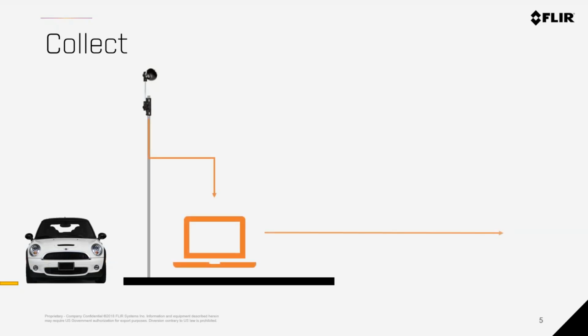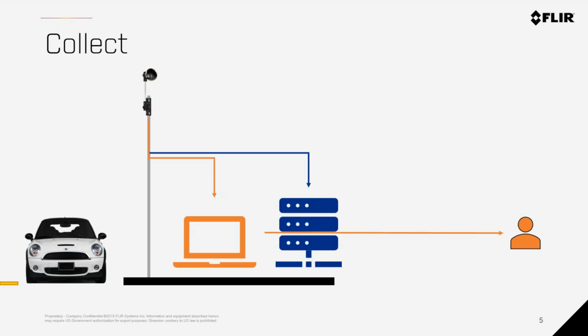But now that data stream can either be collected on the device itself, and then you download it on a laptop or desktop and access it as a user. Or you can go a step further: you're collecting it on a server, and you have direct contact to it over a cloud or over a web browser. So it's in your own domain that you have access to that collected data.